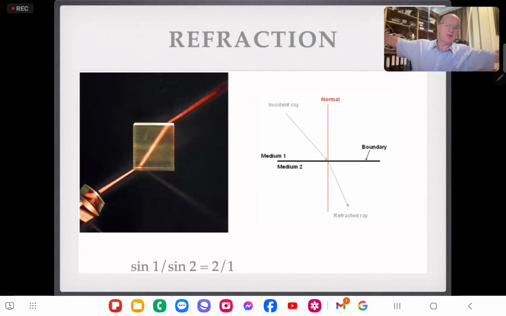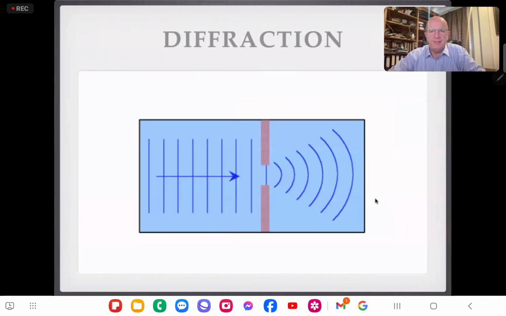So it turned round that way, and the opposite happened when it left again. So that's refraction. The important thing is refraction means bending. It happens because of a change in medium, so perhaps going from body tissue to a cyst or something. You can describe it with something called Snell's law, but you don't need to for the purposes of the exam.